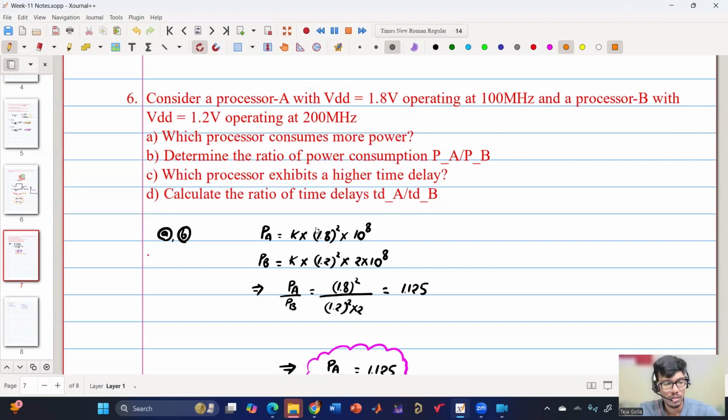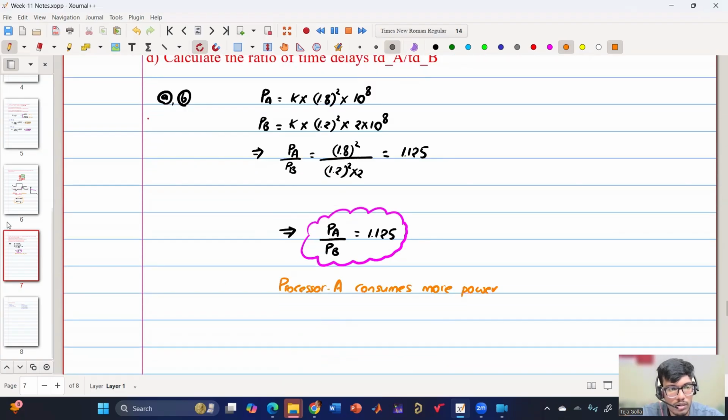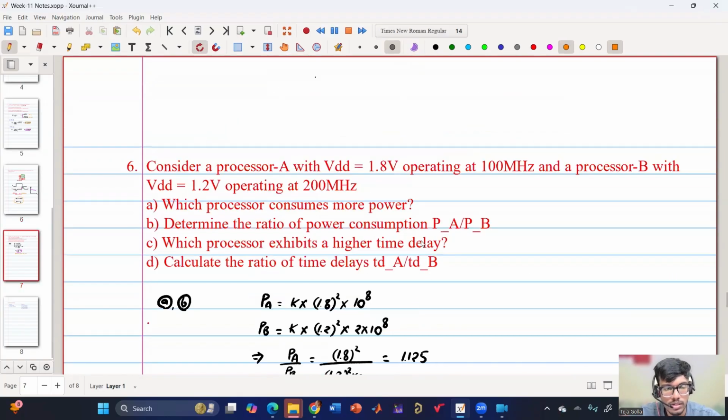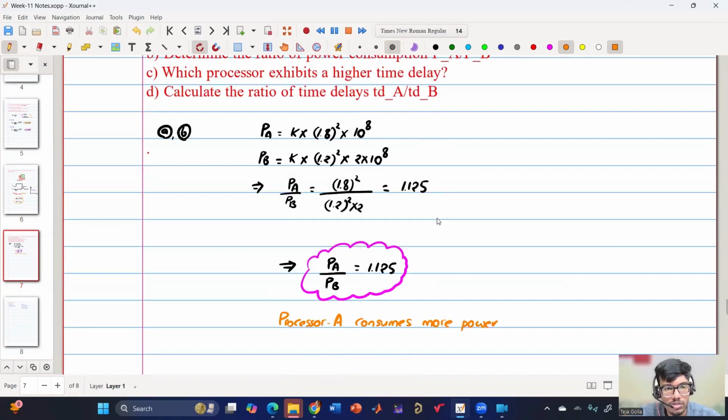First one. By... so 1 by... it is VDD. Inversely proportional to voltage. Sorry, sir, so it is the second one, right? Second one, yeah.